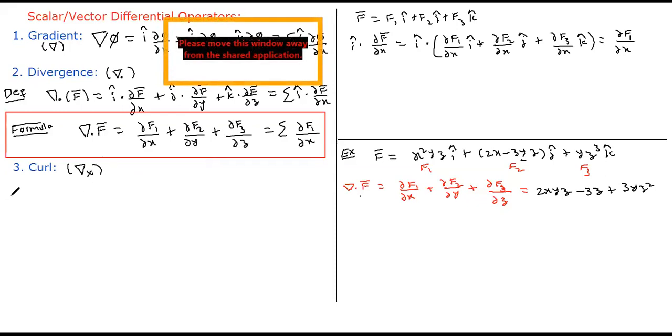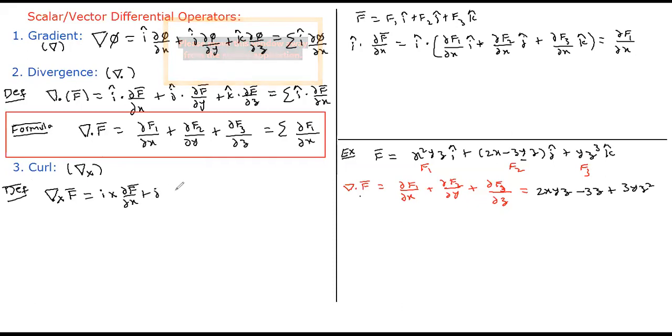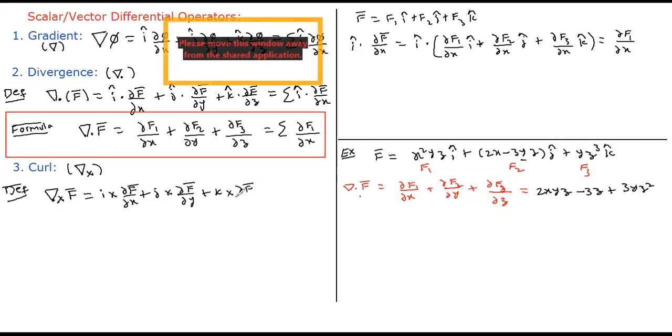What does the definition say? Curl is to be applied on a vector function. The definition says i cross dou f bar by dou x plus j cross dou f bar by dou y plus k cross dou f bar by dou z.